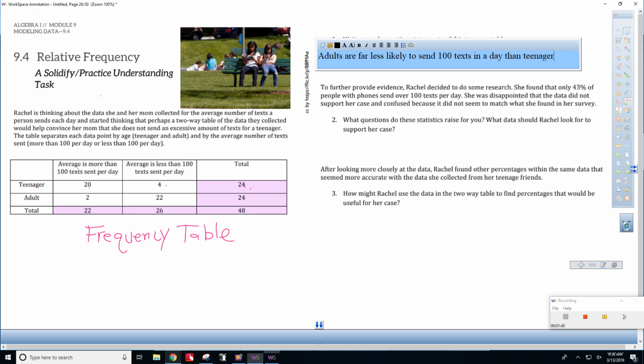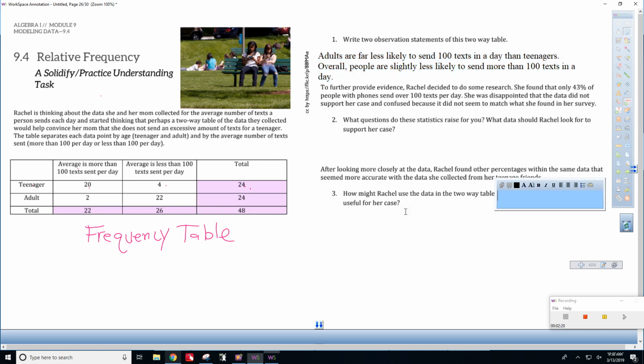Is that good? Overall, people are slightly less likely to send 100 texts in a day. Is that good? Okay. All right.